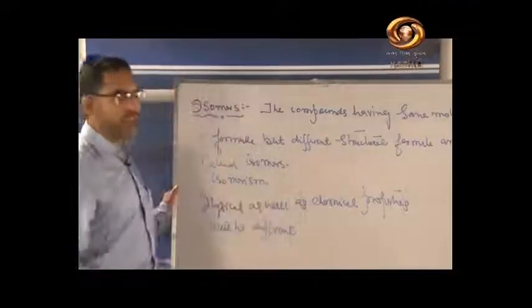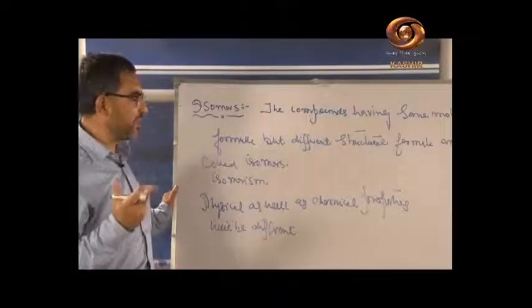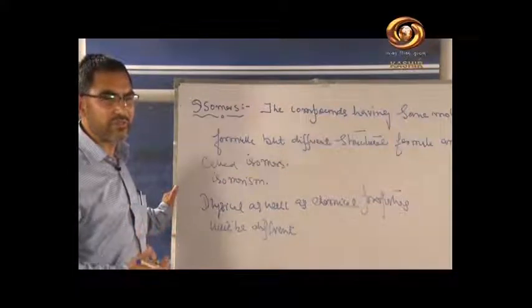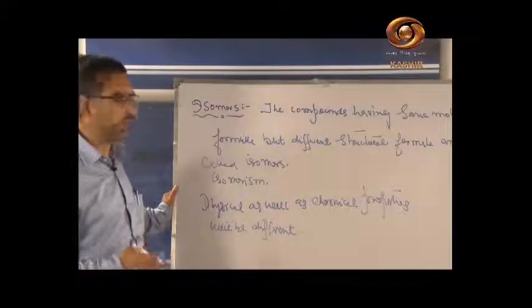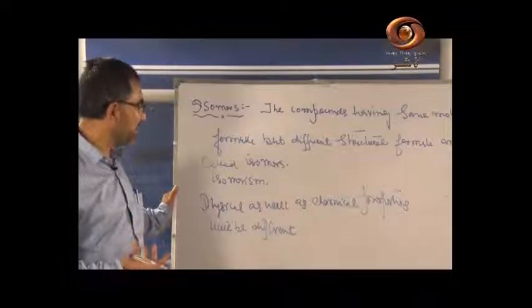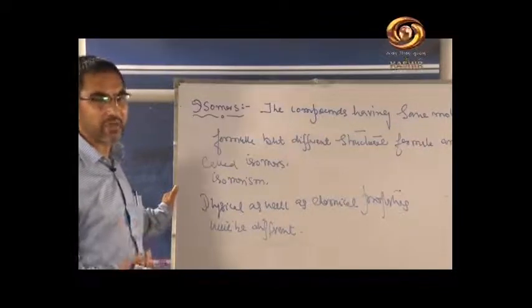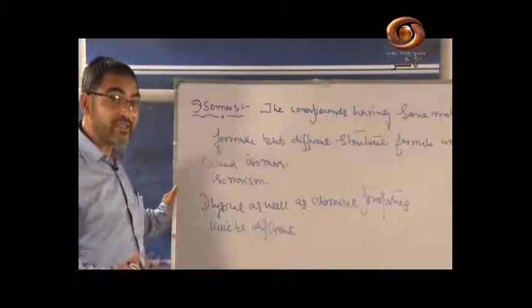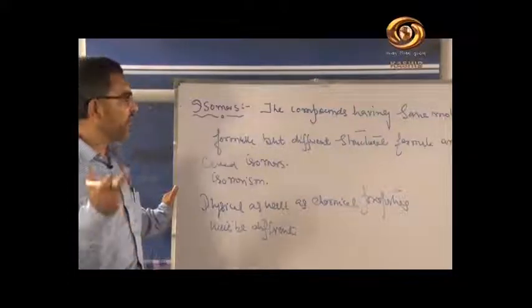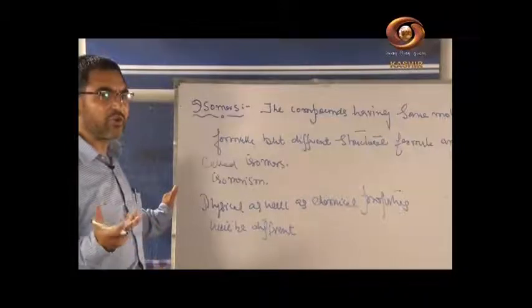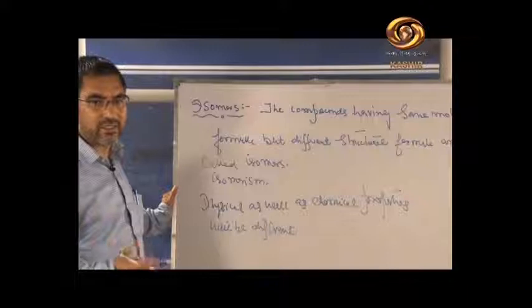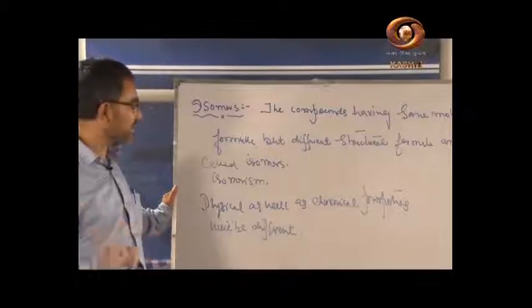Sometimes they have the same physical properties, sometimes the same chemical properties. In your higher class, if you study conformational isomers, for example ethane, they have the same physical and chemical properties. In your next class, if you study keto-enol tautomerism, ketones are one thing and enols another; alcohols are one thing, ethers are other compounds.